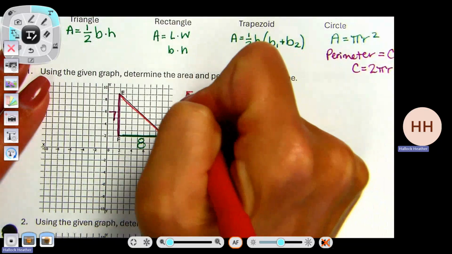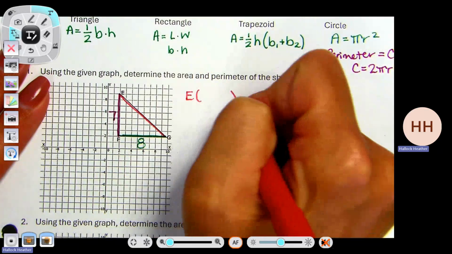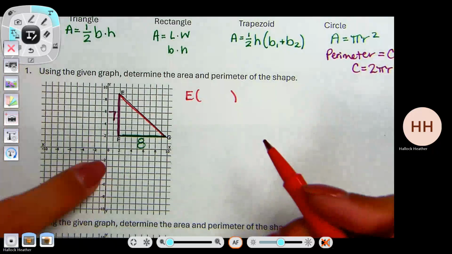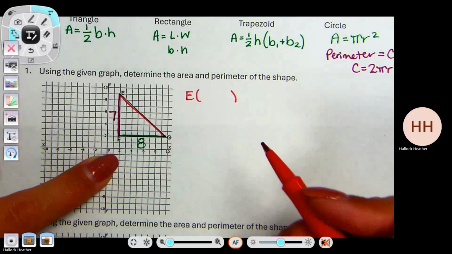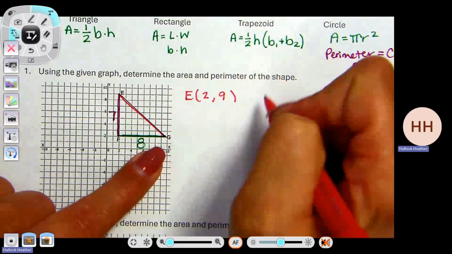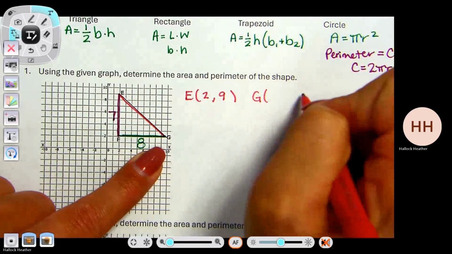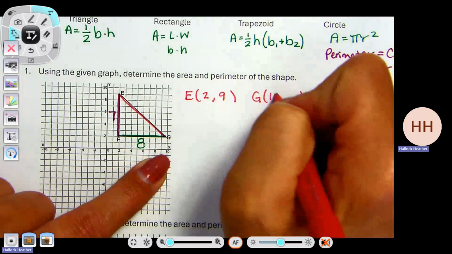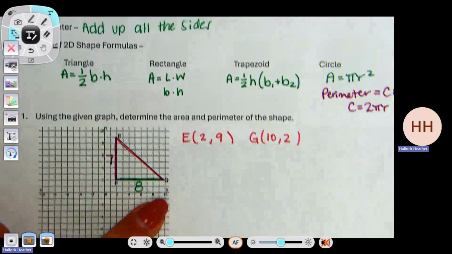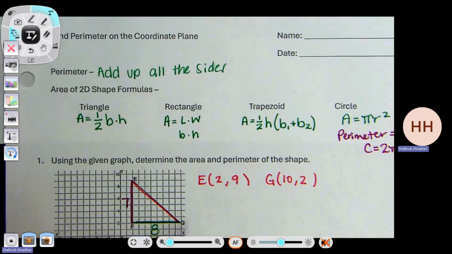We used the distance formula before. So can anybody tell me where E is on my graph? 2, 9. And then where is G at? 10, 2. And then the distance formula is on your blue sheet. I'm going to write it at the top of my paper.